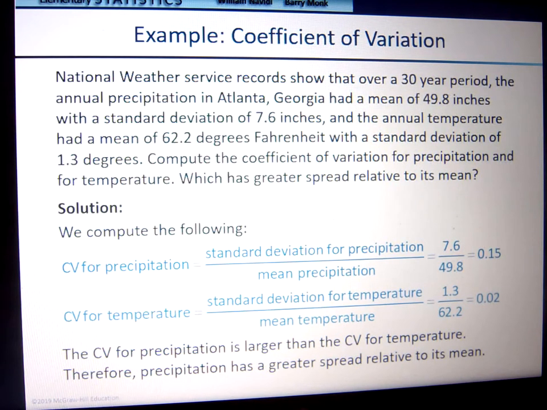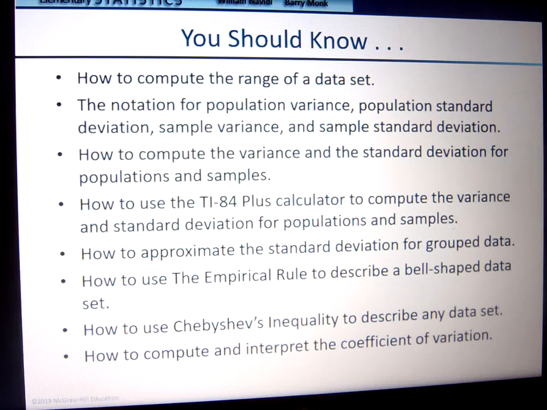All right. Whew, that was a lot of information. So good thing it's on a video. You can go back and refer to it. How to compute the range of a data set. The notation for population variance, population standard deviation, sample variance, sample standard deviation. How to compute the variance and the standard deviation for populations and samples.